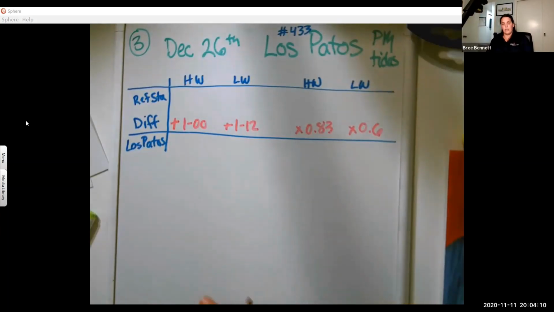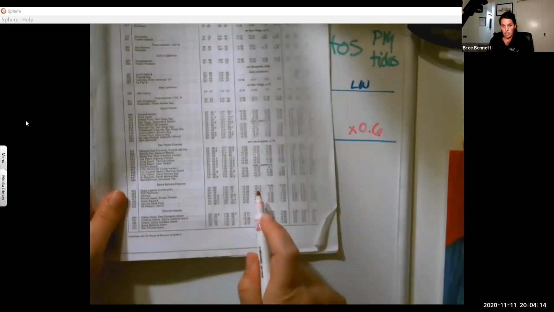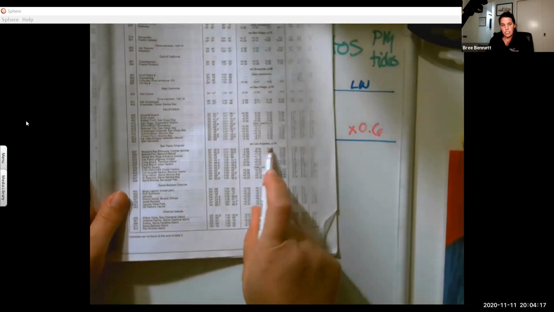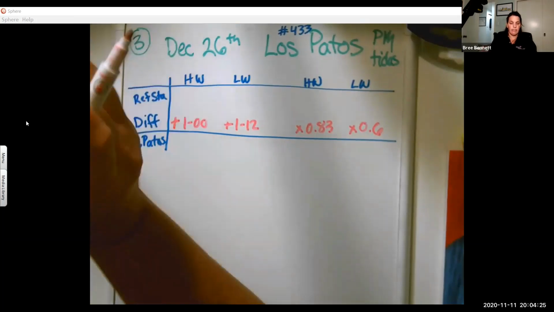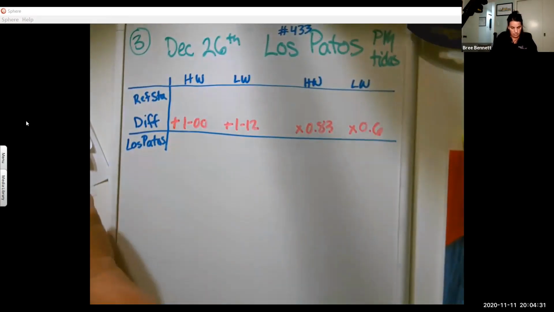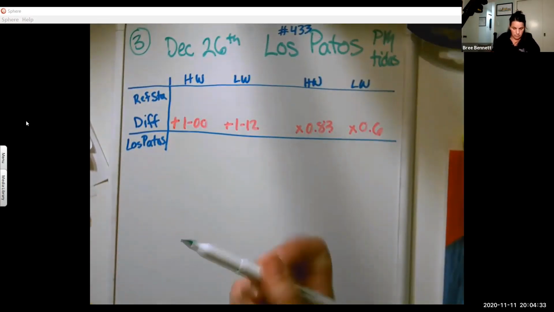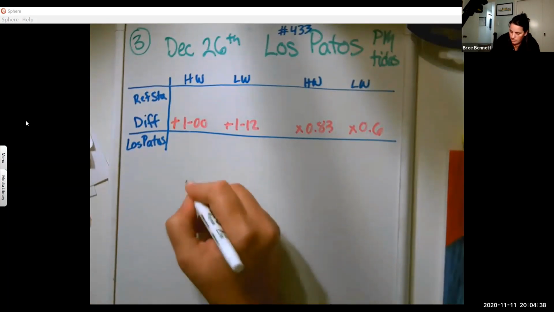Okay, so I have my differences written in, and then I look up and see my reference station is Los Angeles, page 76. So I go to my table 1 for Los Angeles, and then I flip over to December 26th.